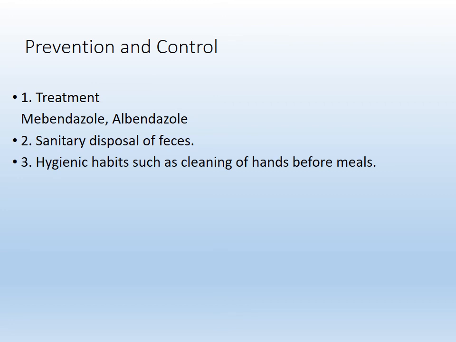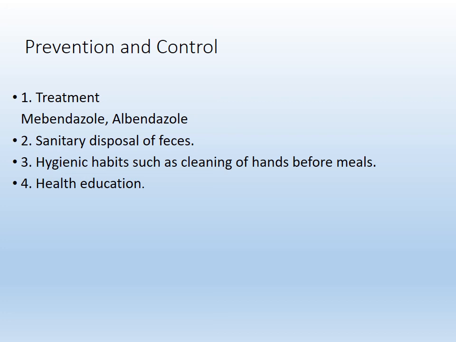Hygienic habits like hand washing before meals, before cooking the meals, would also decrease the chances of transmission. And health education, of course, is the key to decrease the load of such intestinal worms.